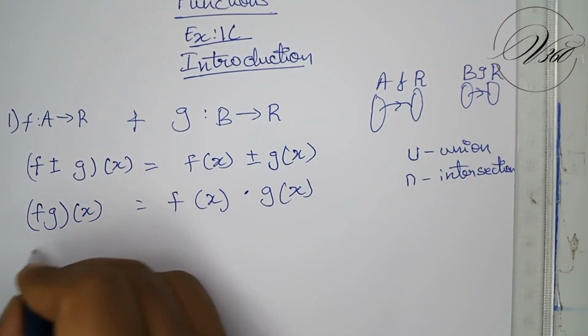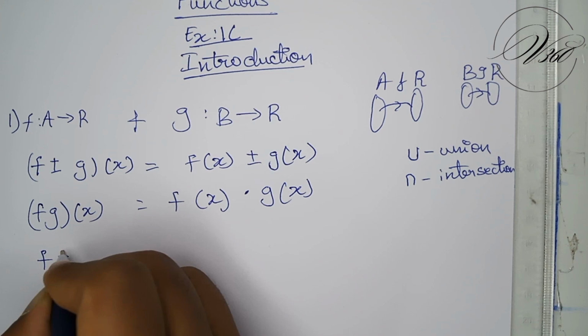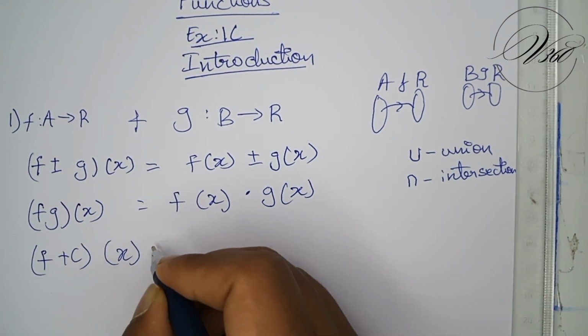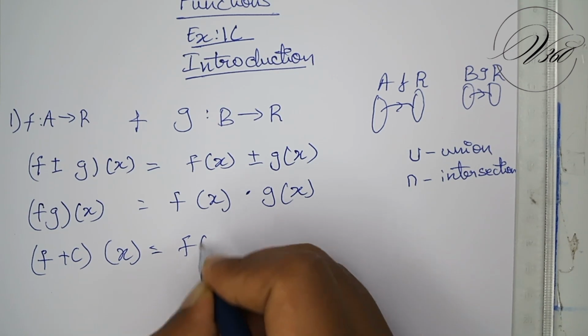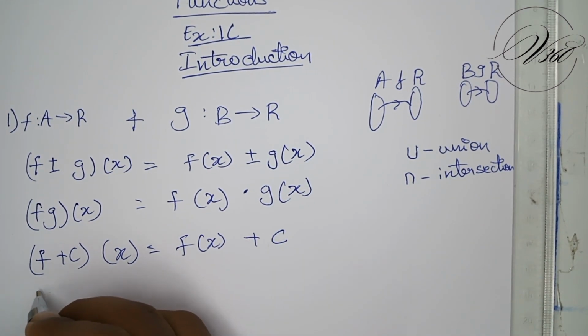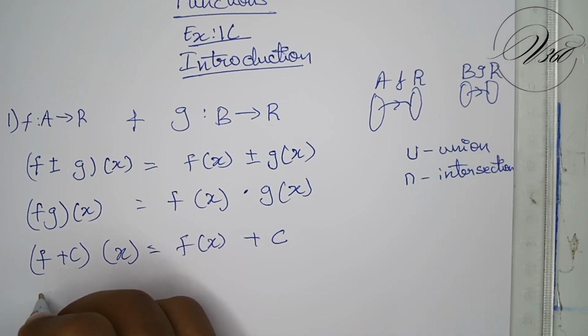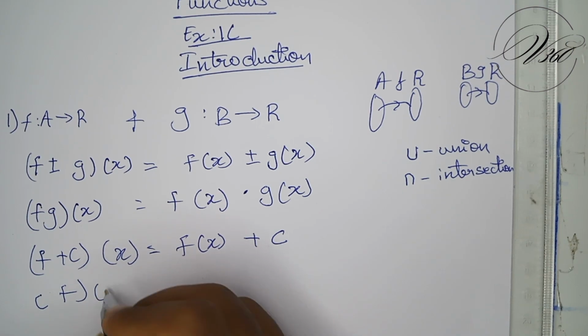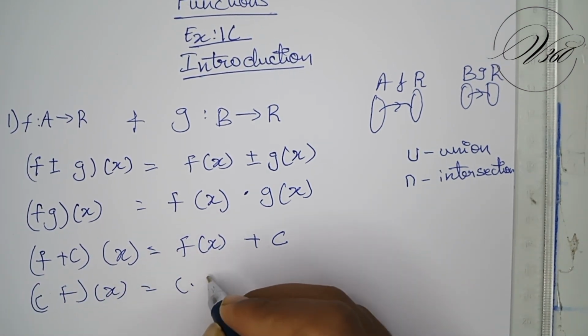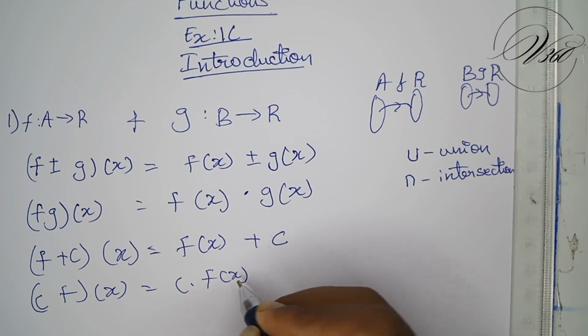Now the third formula, f plus c of x is equals to f of x plus c, and the fourth formula, c f of x is equals to c into f of x.